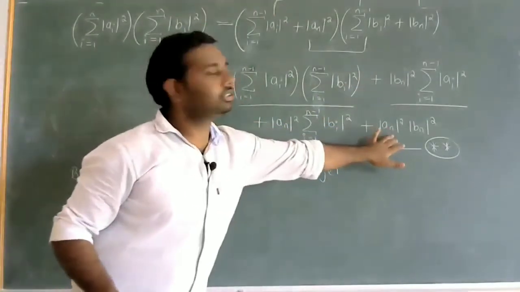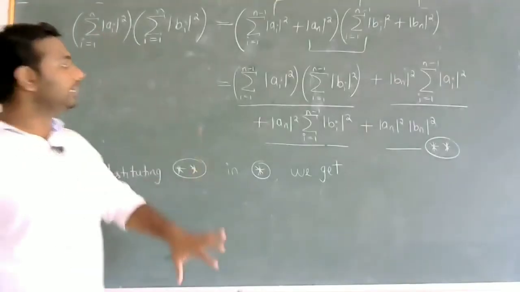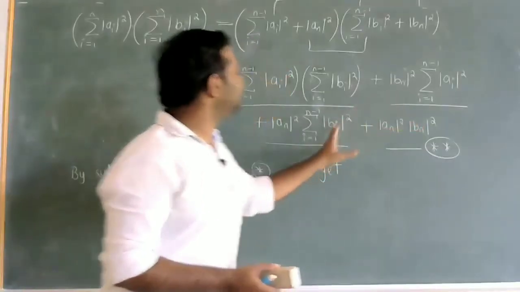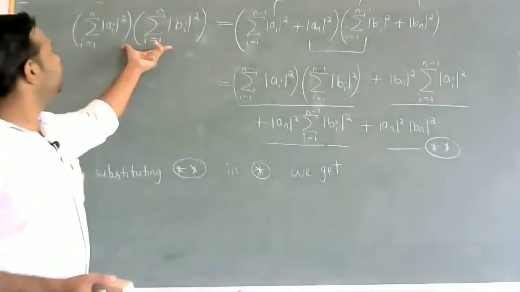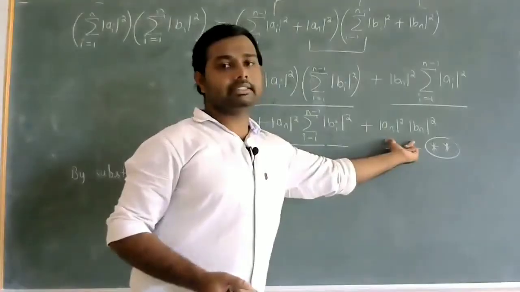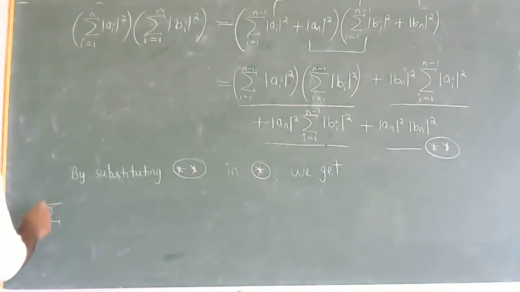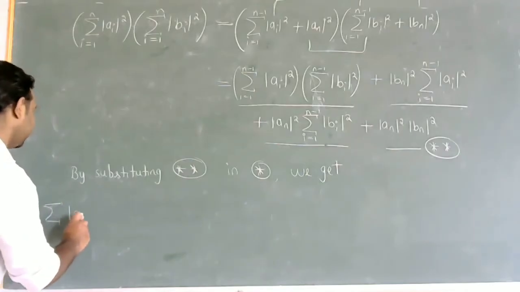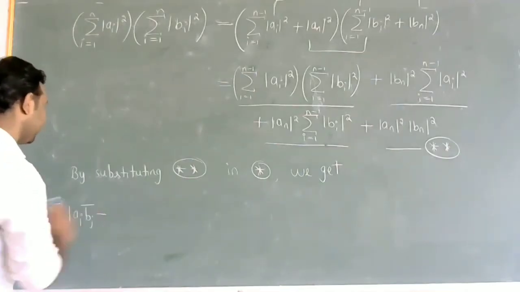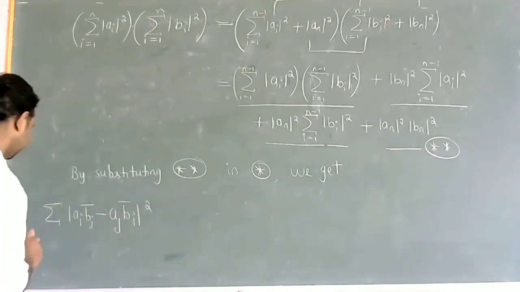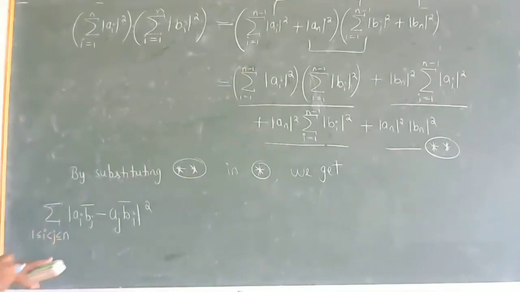So take this to the left hand side. So what we get, the left hand side of the star is summation modulus of ai bj bar minus ai aj bi bar modulus whole square, 1 is less than or equal to i less than j less than or equal to n.